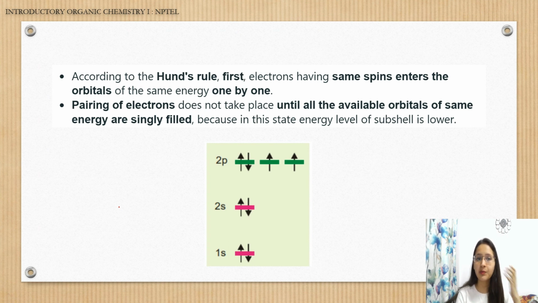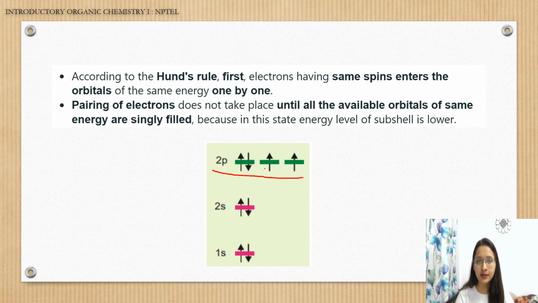Hund's rule states that electrons having the same spin enter the orbitals of the same energy one by one, which I am repeatedly telling you. If there are orbitals having the same energy, the degenerate orbitals, in this case you can see 2p has three degenerate orbitals, right?